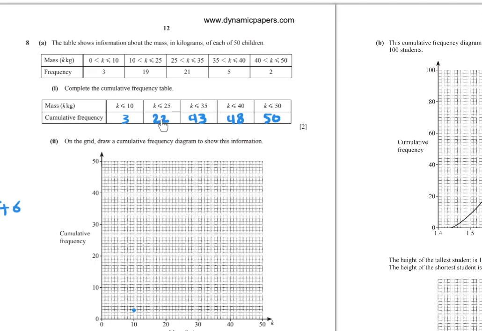Then 25 and 22, then 35 and 43, then 40 and 48, and 50 and 50, and join them with the origin point. So this is the cumulative frequency curve.